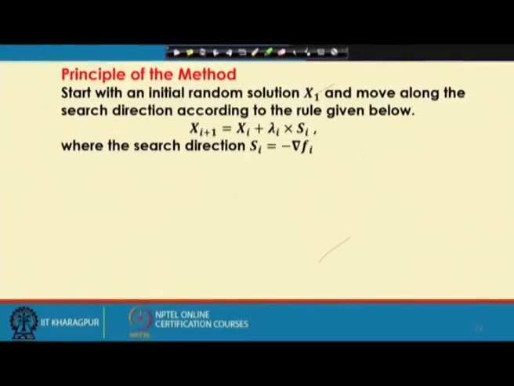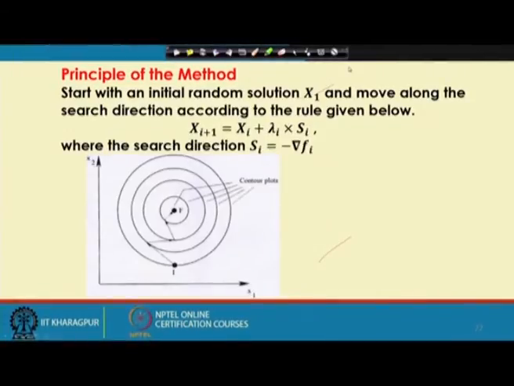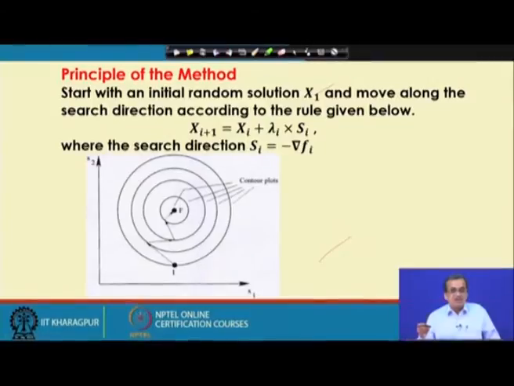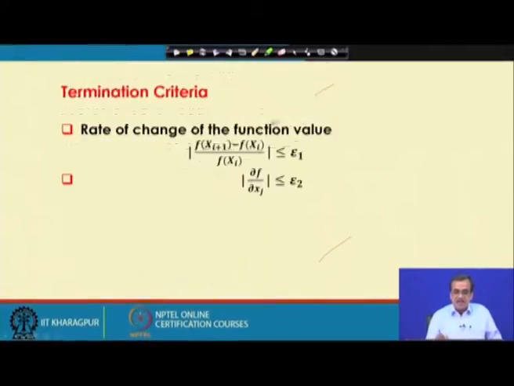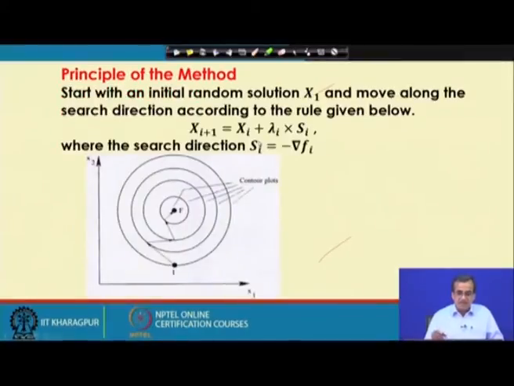Now, the principle of this method: we start with an initial solution x 1 and we move along the search direction according to the rule x i plus 1 is equal to x i plus lambda i multiplied by S i. So, S i indicates the search direction, and that is nothing but minus delta f i, that is, opposite to the gradient, and lambda i is the step length, and this is the rule for updating.